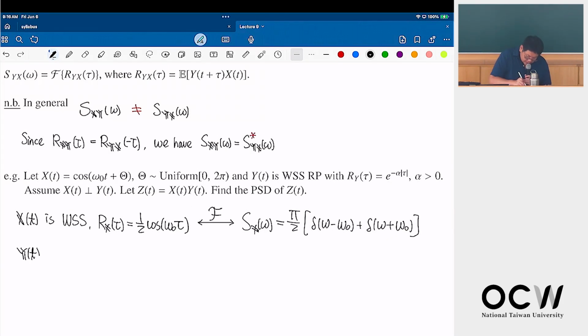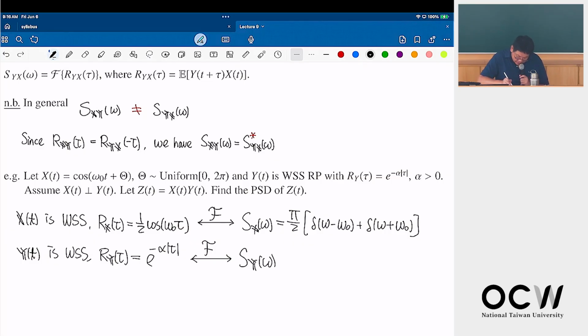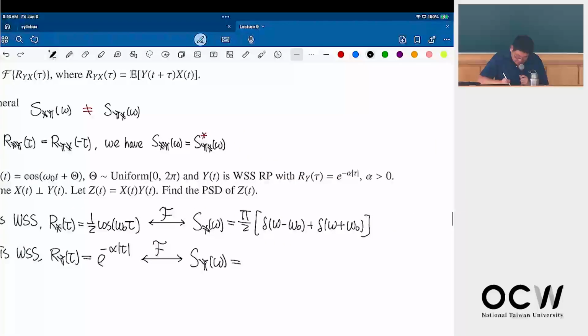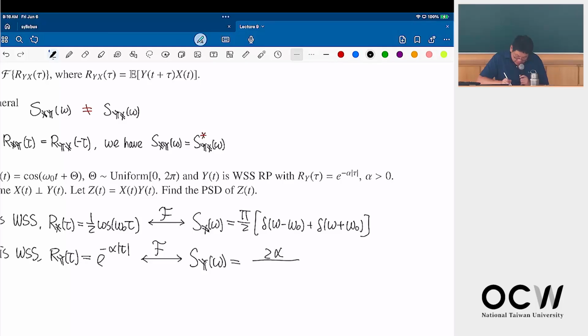And for y, also wide-sense stationary, the autocorrelation is e to the minus alpha tau. If I take the Fourier transform, we get the spectrum 2 alpha divided by alpha squared plus omega squared.